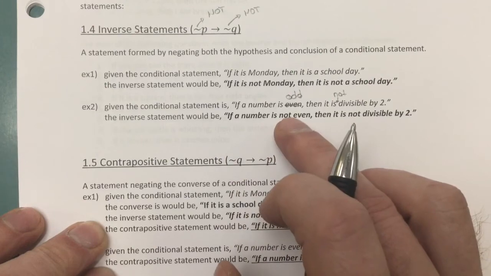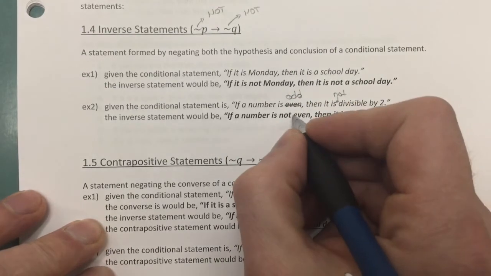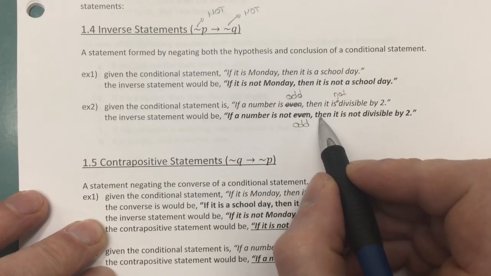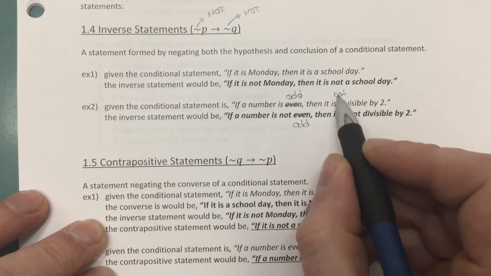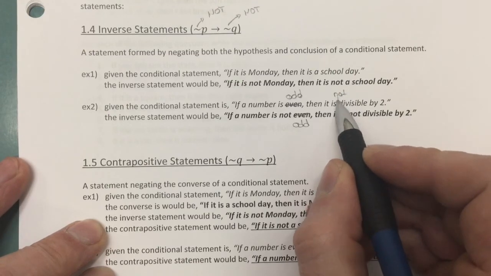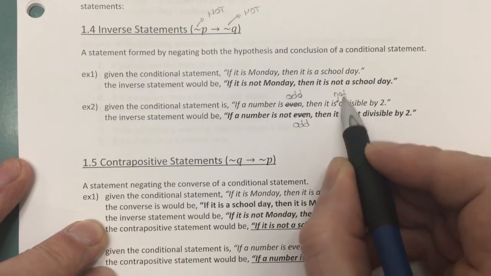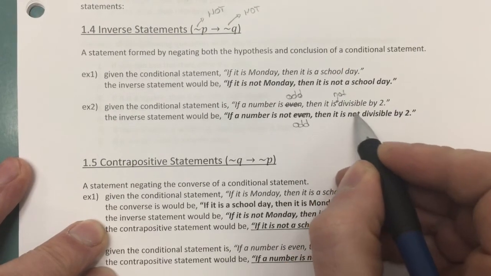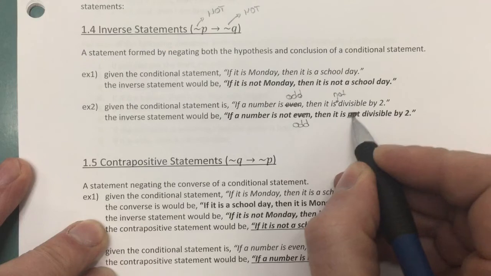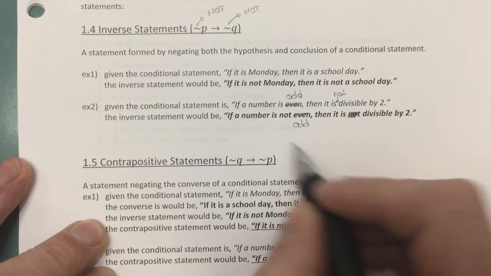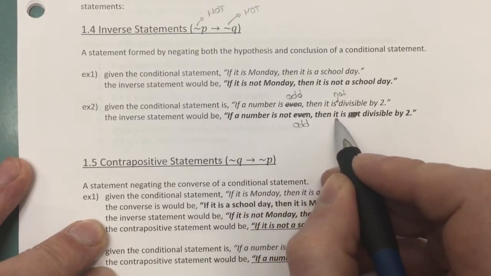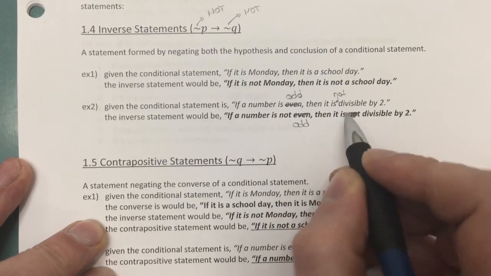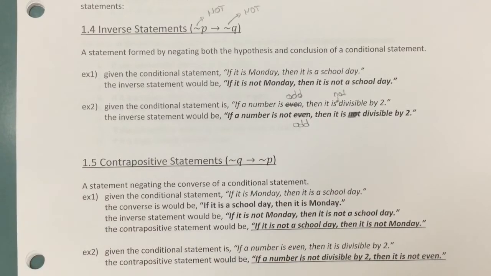If a number is not odd, then it is, since I had the initial one being not divisible by 2, what is the opposite of not divisible by 2? The opposite would be divisible by 2. If a number is not odd, then it is divisible by 2. So that would be the inverse statement of my original conditional statement.